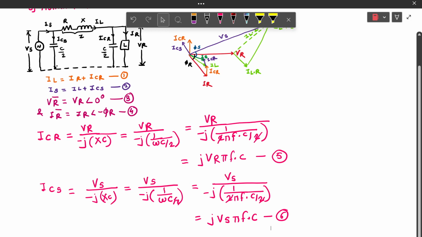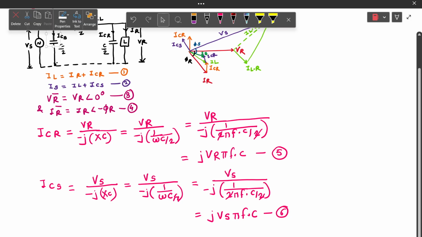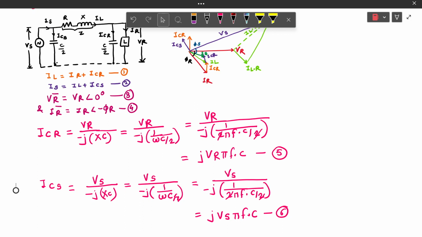Now if we see the figure, we can write Is is equal to ICS plus IL if we apply the KCL at this node. So from this we can determine the current Is as it is written in equation number 2, Is is equal to IL plus ICS. From equation 2, equation 1 and equation 6, we get the value of Is.